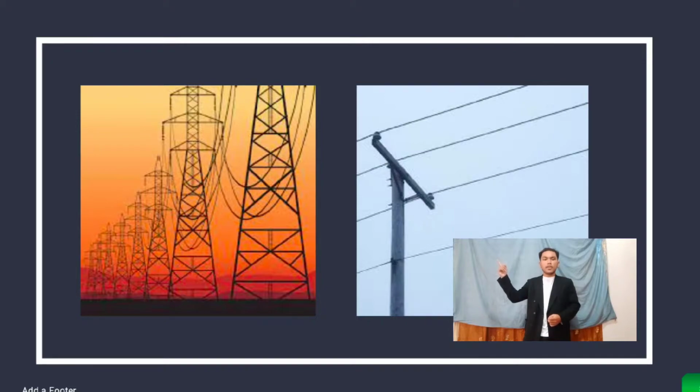Now, first example. You see those electrical posts? Their wires are sagging. Now, this is not a mistake, but a clever way to tackle the problem the electrical posts face in winter.